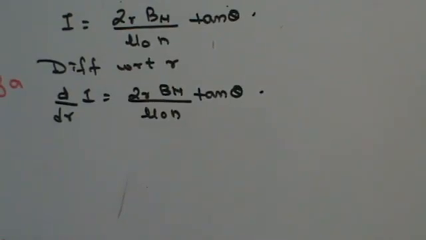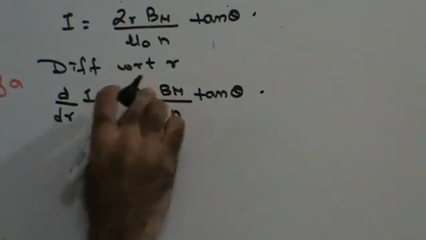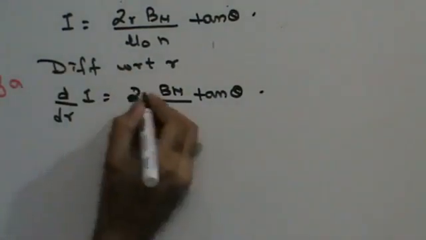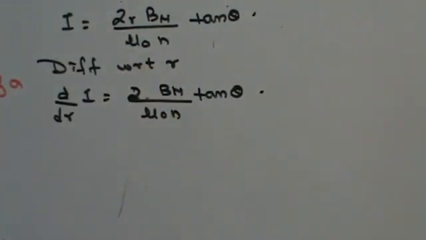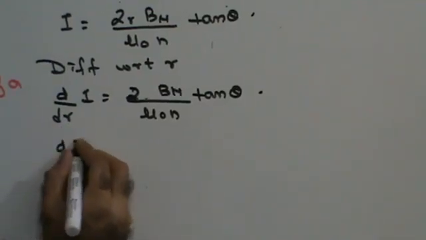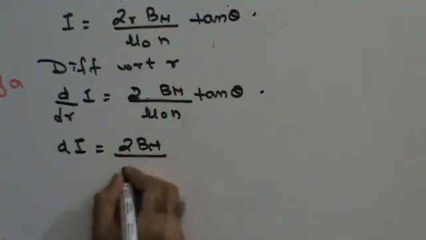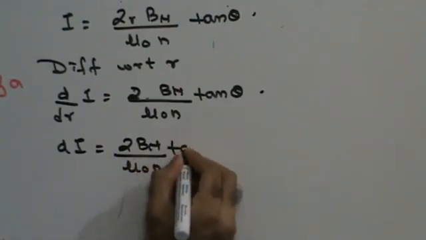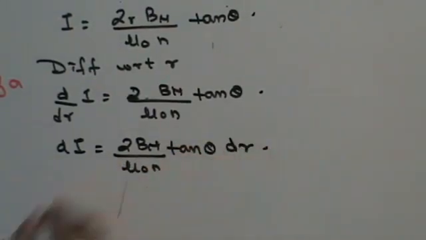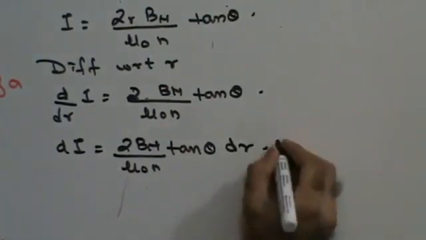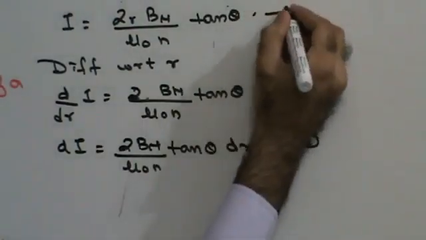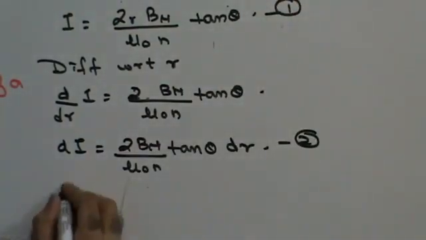You are differentiating 2r, so this will become 2, since d by dr of r is 1. So in which case I'll get dI is 2BH upon mu 0 n tan theta dr. Let's call this equation 2, and the earlier one equation 1.